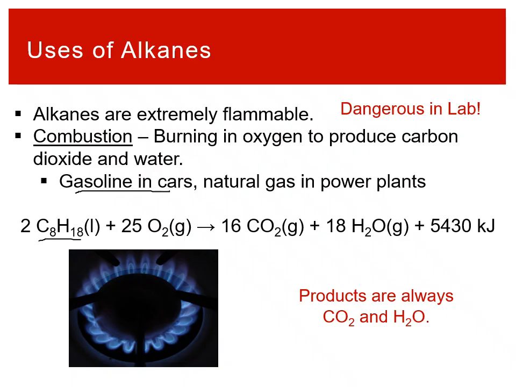Or if you have a gas stove, if you have gas to your house, you're burning that. Or say propane in a grill, you're burning alkanes and you're using the fact that you really can get a lot of bang for your buck. They are very, very flammable, and their combustion is very exothermic and very spontaneous because you also make a ton of gas. So it's both enthalpy and entropy wise, you really want to produce this reaction. It's very, very spontaneous. And so you get a really good bang for your buck.